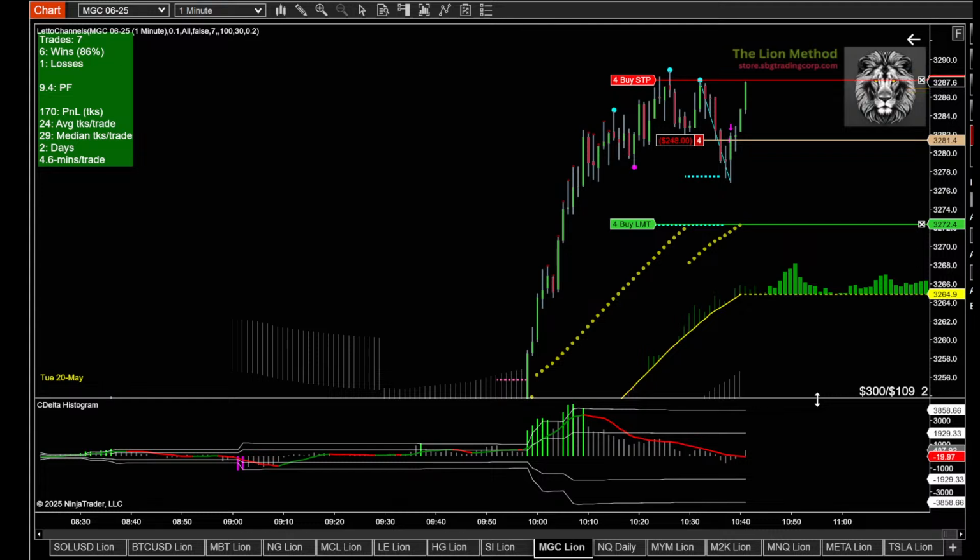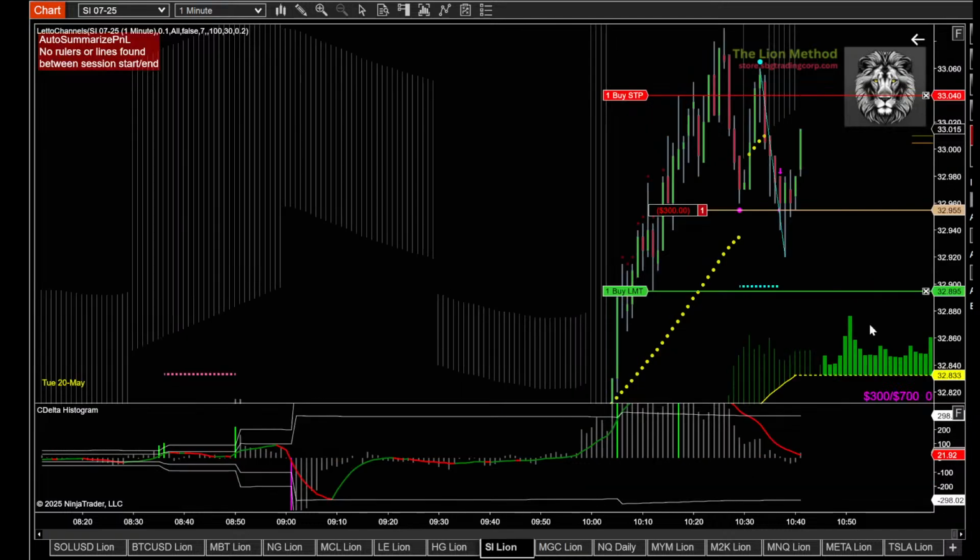That's a 1 hour stop right there. Now we're at 1 hour in silver here right now.